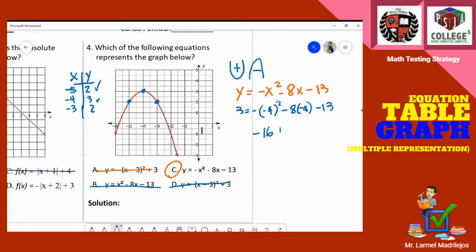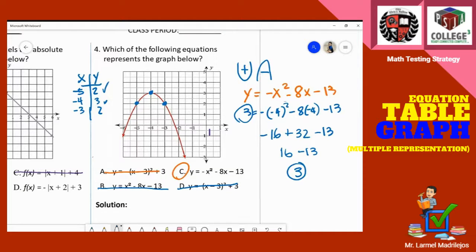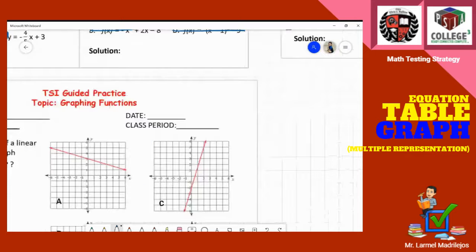Negative times a negative, that's a positive. 8 times 4 is 32, minus 13. Negative 16 plus 32 is 16, minus 13. 16 minus 13 is 3, matches that number there. The answer is letter C. Okay, last number I'm going to do is number 5.